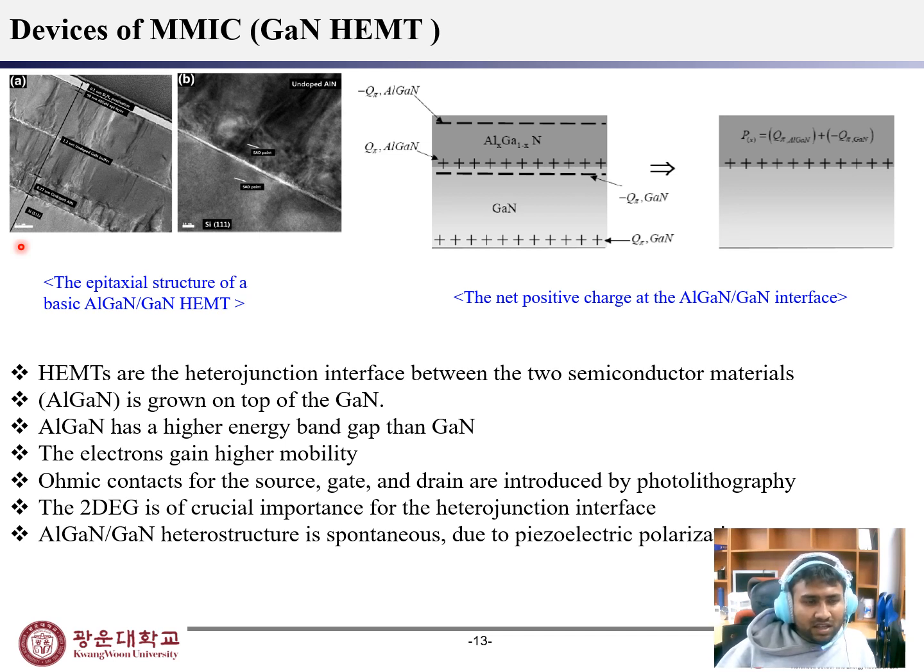The electrons gain higher mobility. Ohmic contacts for the source, gate, and drain are introduced by photolithography techniques. The 2DEG is of crucial importance for the heterojunction interface. The aluminum gallium nitride and gallium nitride heterostructure is spontaneous due to the piezoelectric polarization effect.